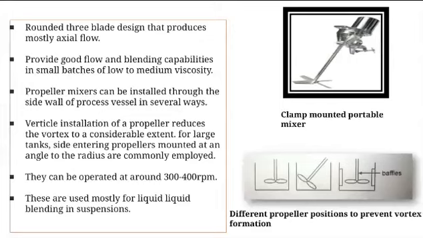They can be operated at around 300 to 400 rpm. These are used mostly for liquid-liquid blending in suspension. As shown in the diagram, there are different propeller positions to prevent vortex formation.